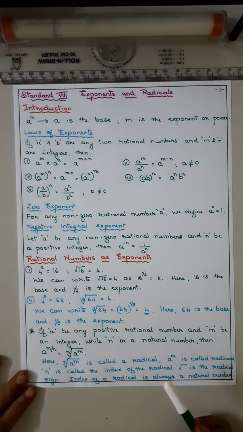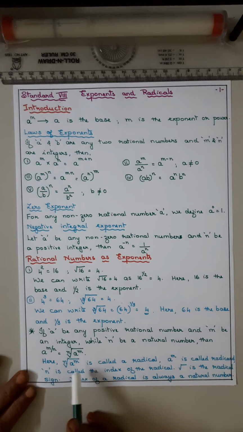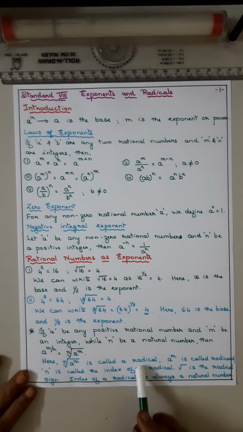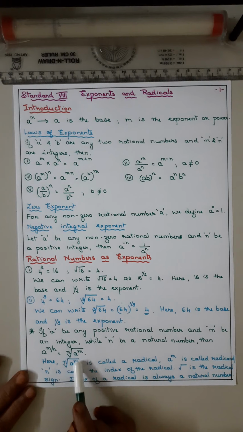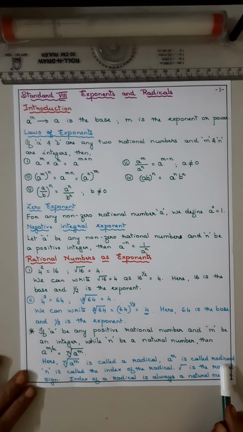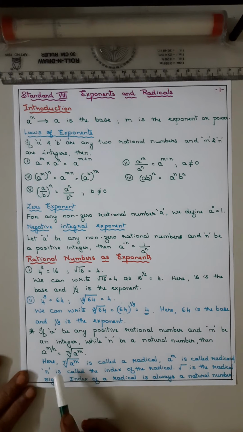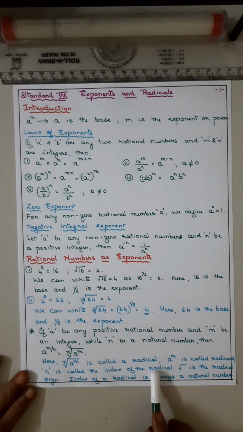Heading: exponents and radicals, radical form. So nth root of a to the power m is a radical. a to the power m is called the radicand, and n, what is coming outside the root, is called the index of the radical.